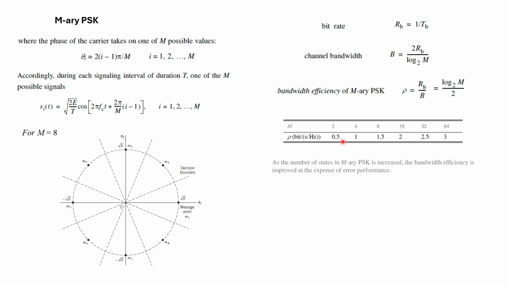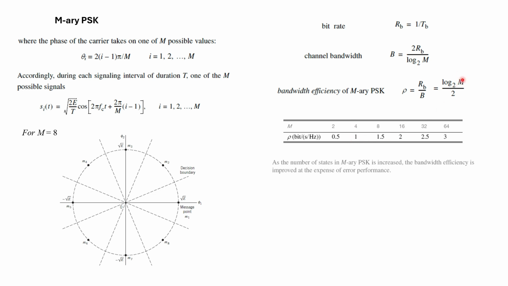Now we will try to identify the effect of increasing the value of M with respect to bandwidth efficiency. For BPSK, M value is 2. If we substitute 2 here, log 2 base 2 is 1, therefore 1 by 2 is 0.5. For QPSK, M value is 4, therefore log 4 base 2 is nothing but 2, and 2 divided by 2 is 1.